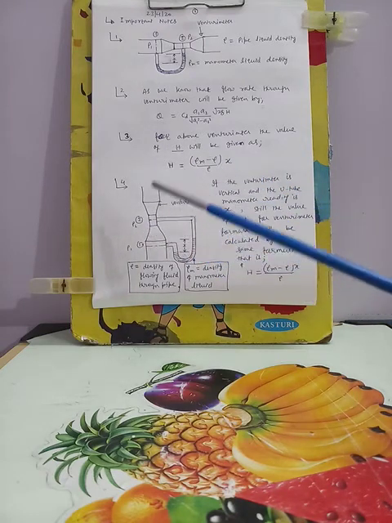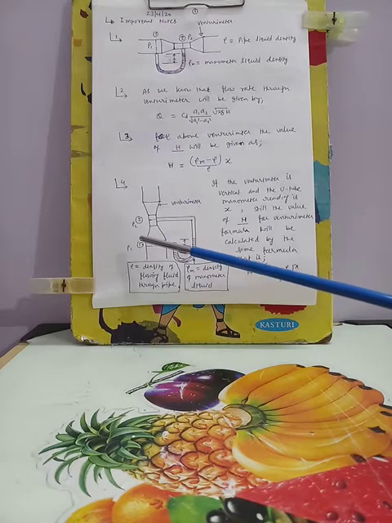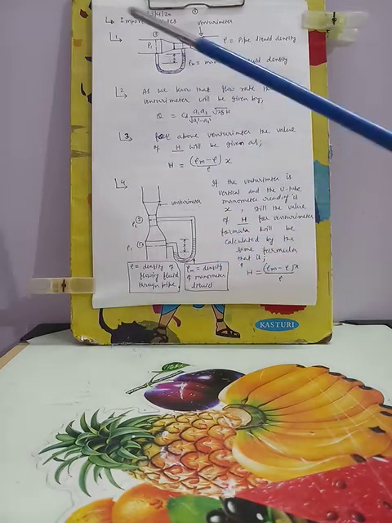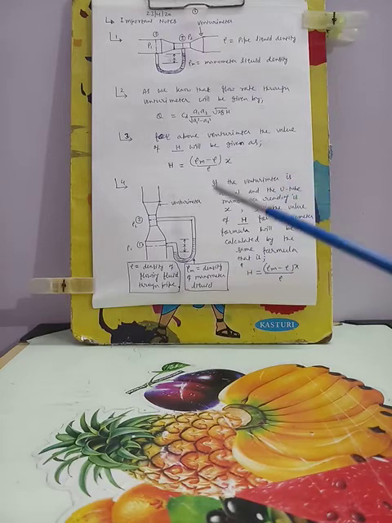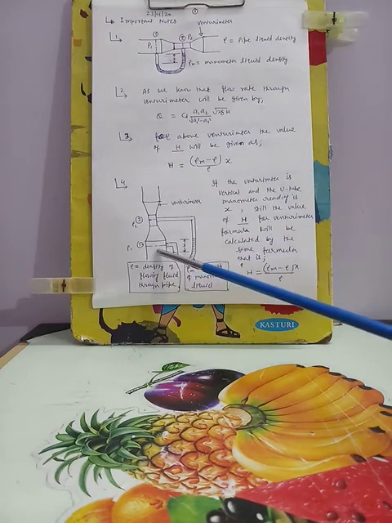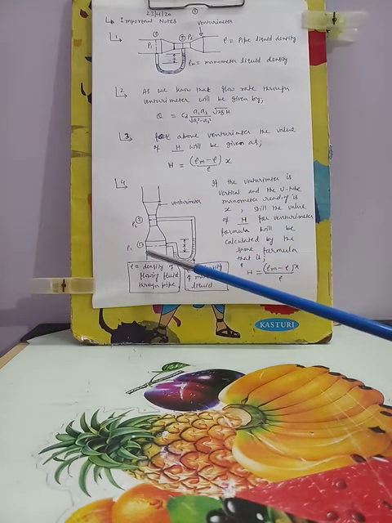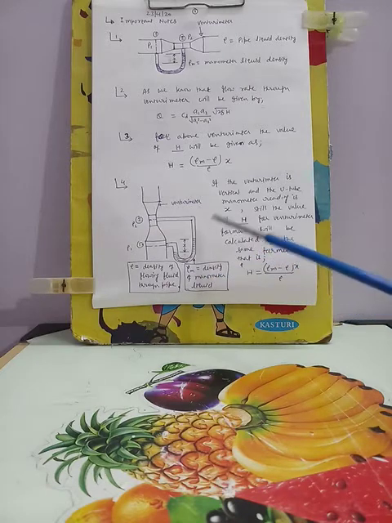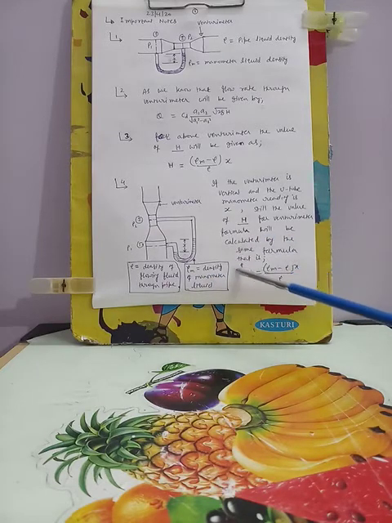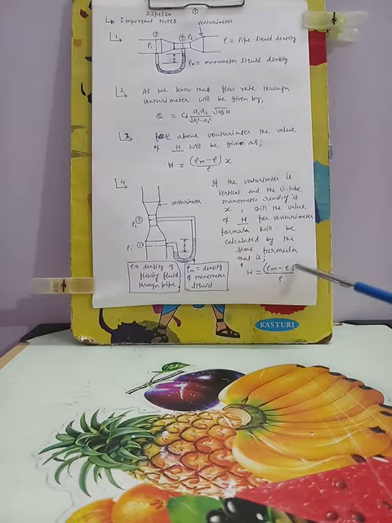Number 1, apply Bernoulli's equation at sections 1 and 2, and number 2, apply the pressure head measurement at datum level that we have studied in the pressure measurement chapter. By combining these two, you will get that H is equal to (rho m minus rho) by rho into x. This will be your assignment. You will try to prove this.